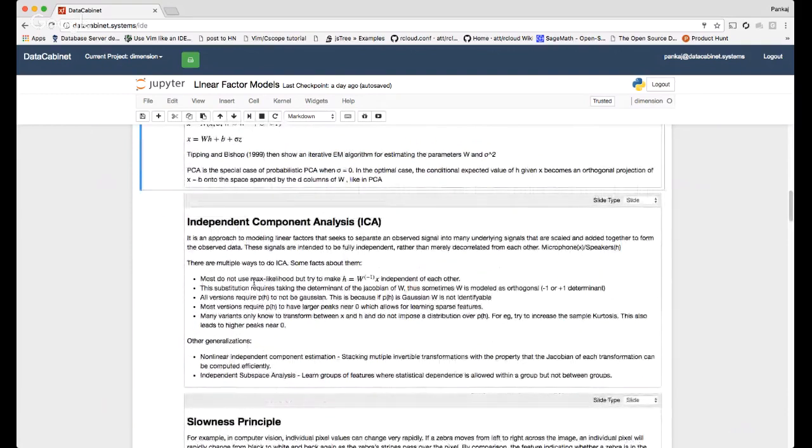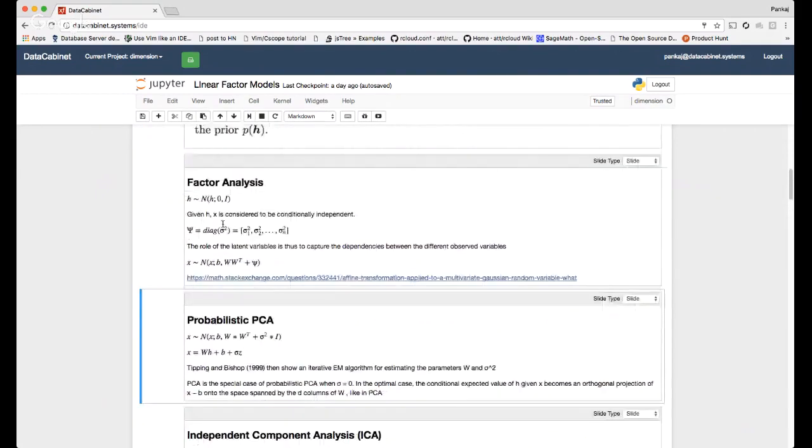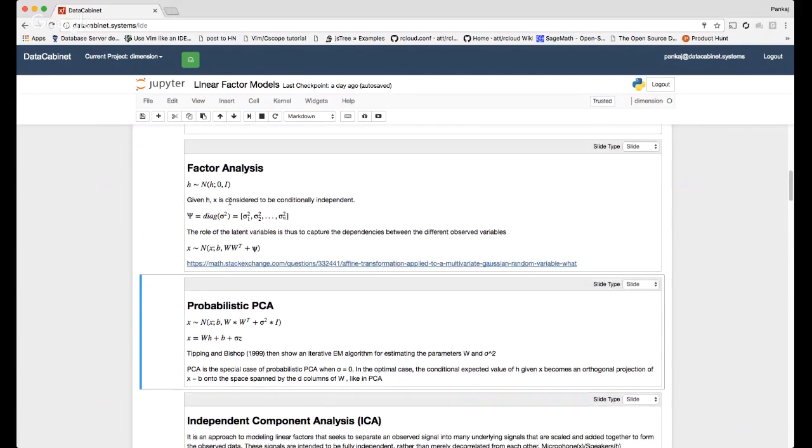So then the third way to do it is independent component analysis. The main difference is that in these two methods, factor analysis and probabilistic PCA, the H's are supposed to be decorrelated. Decorrelated means they don't have a linear dependence on each other, but they could have a different dependence.